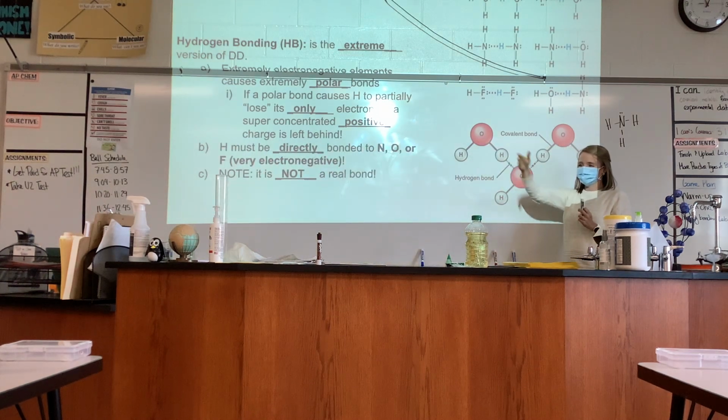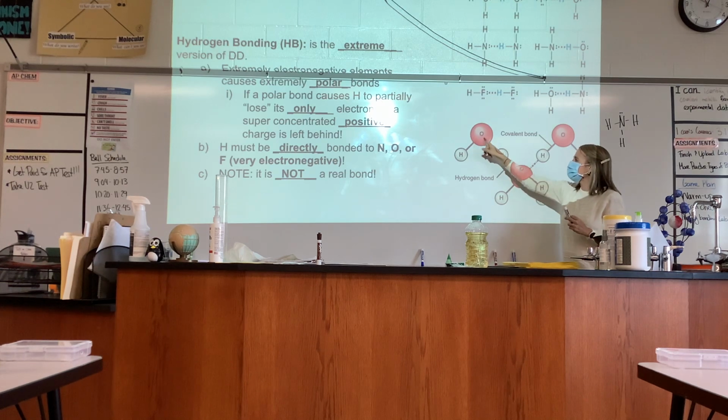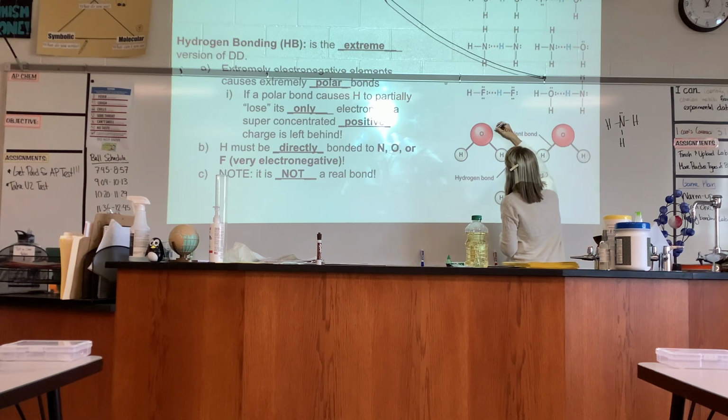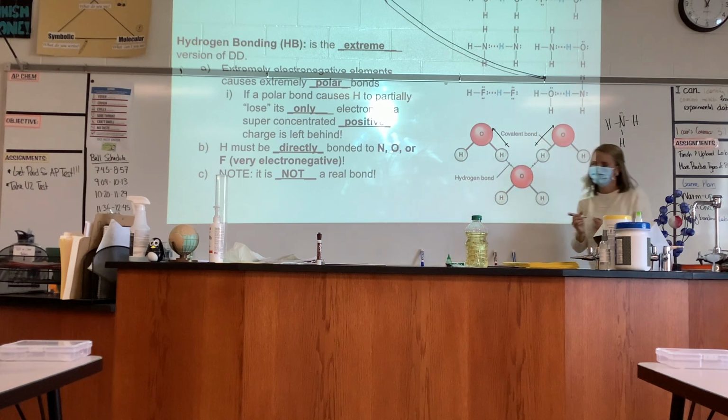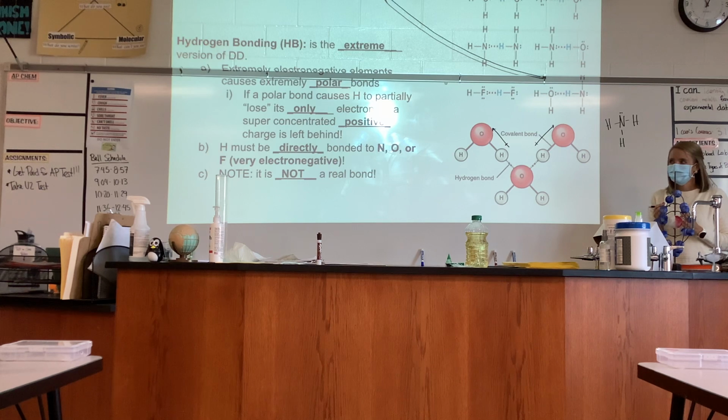So here's our water, and this is what happens in your little water right here. Who has a higher electronegativity, oxygen or hydrogen? Oxygen, right? So oxygen is pulling the electrons away from hydrogen. But there's something significant about pulling electrons away from hydrogen.